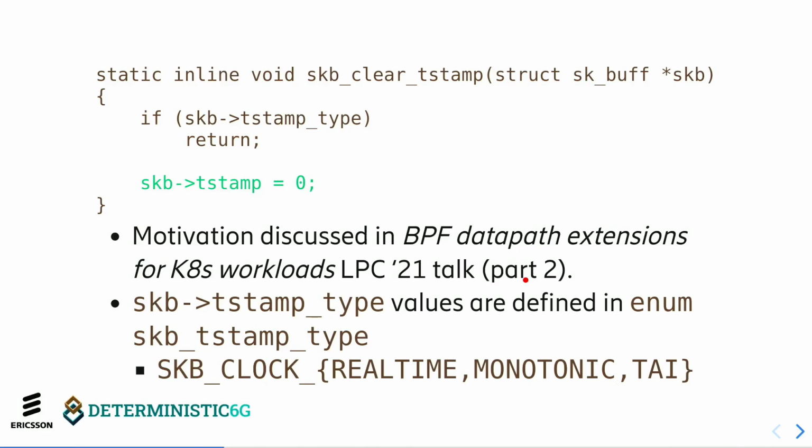So we have an easier job with the timestamp, since if the timestamp type is not real time, I guess this is the first in the SKB timestamp type enum, so if it's monotonic or TAI, that indicates to the network stack we want to keep the timestamp no matter what.